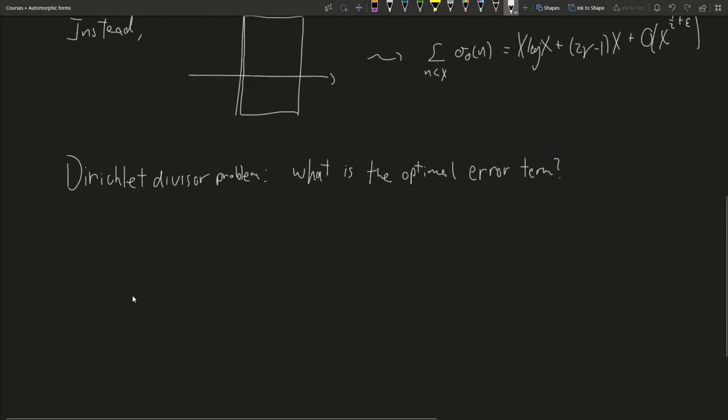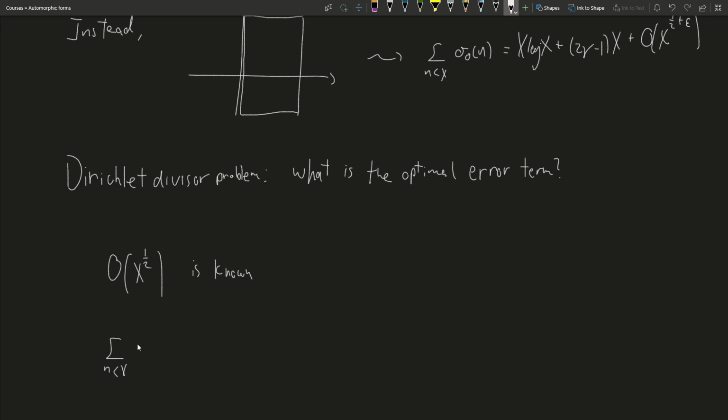And what's known about this is that I think O of x to the 1/2 with no epsilon is known. And then you can also ask, what about lower bounds on this exponent?